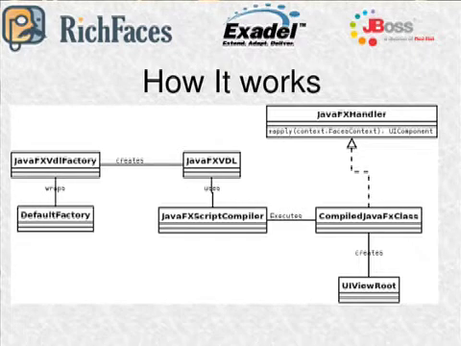The view description language implementation uses the JavaFX script compiler to create Java classes from JavaFX script. These Java classes implement a handler interface and its apply method, and that method creates Java Server Faces component instances for the view.